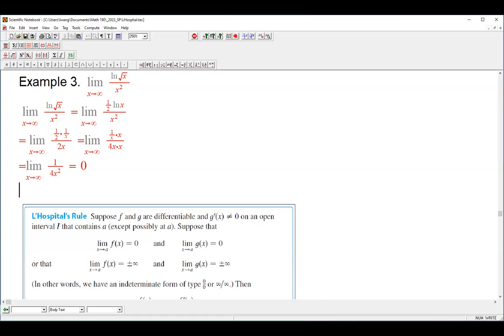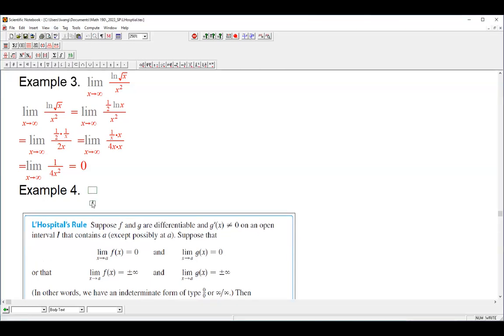So let's look at another exponential form. This is example number 4. We observe a limit as t is approaching 0, and we have a quotient: 8 to the power t minus 5 to the power t, divided by t.